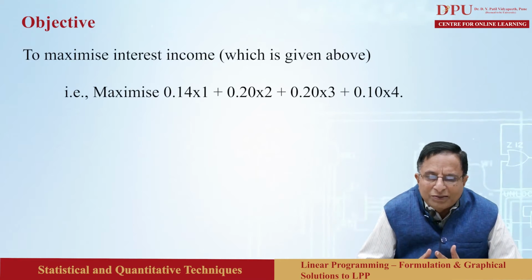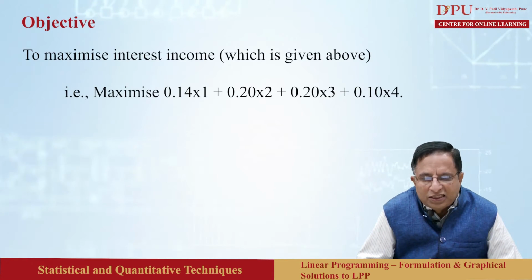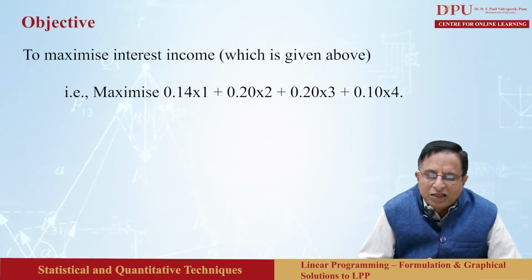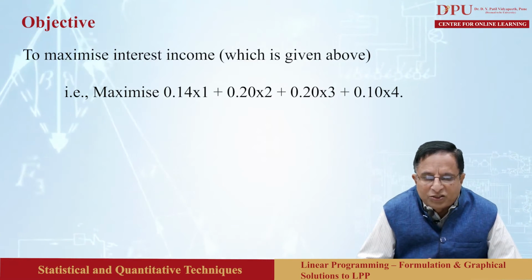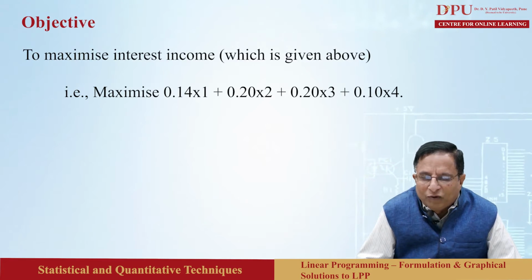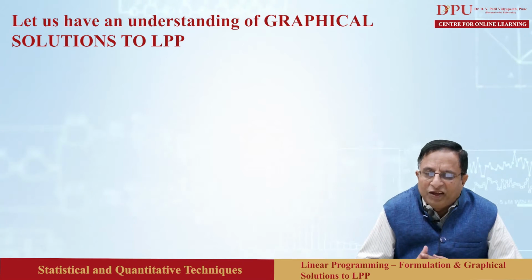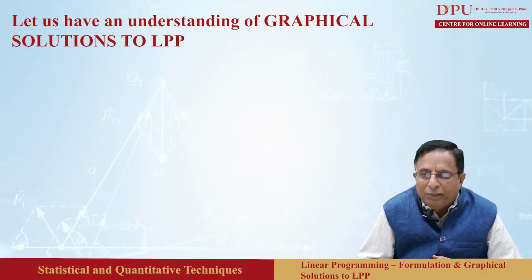Objective: to maximize interest income, which is given above, that is, maximize 0.14 x1 plus 0.20 x2 plus 0.20 x3 plus 0.10 x4.